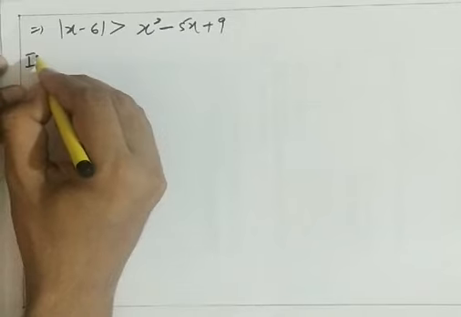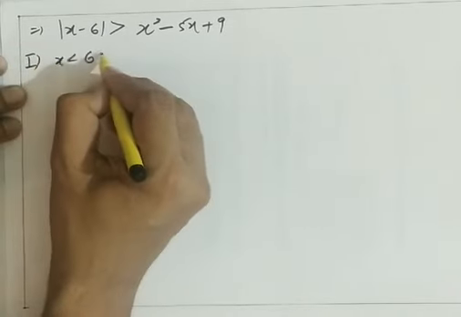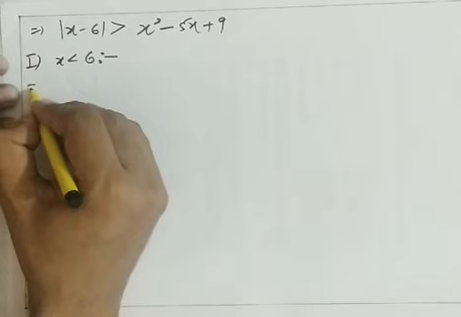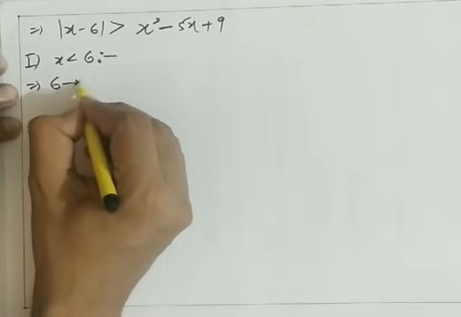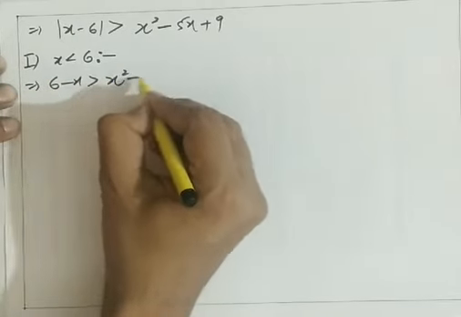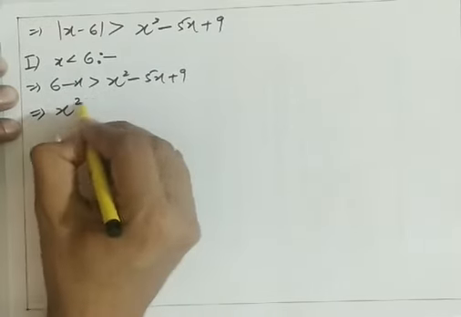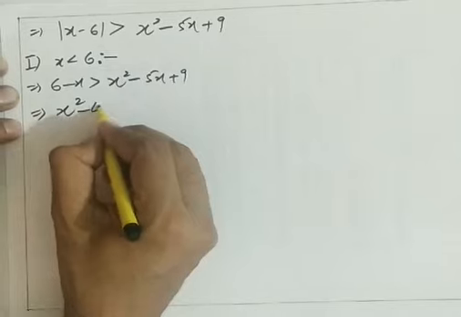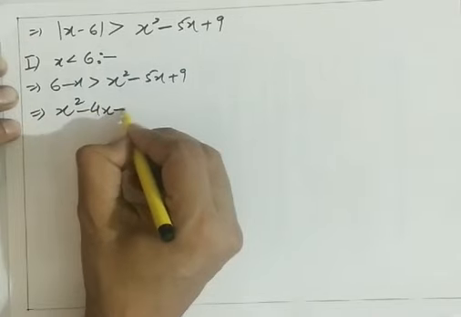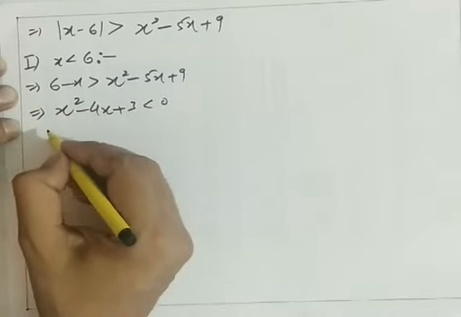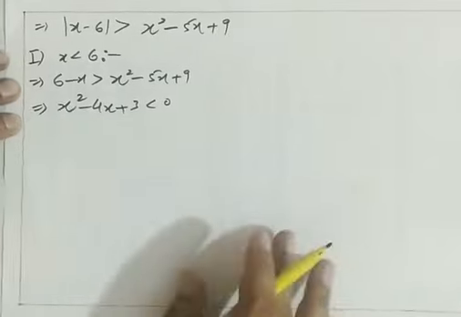Let us form cases. Suppose x is less than 6, and the question will become 6 minus x is greater than x square minus 5x plus 9. And that means x square minus 5x plus x will become minus 4x. Then 9 minus 6 will be 3. This is less than 0. I have taken the like terms on the same side only.